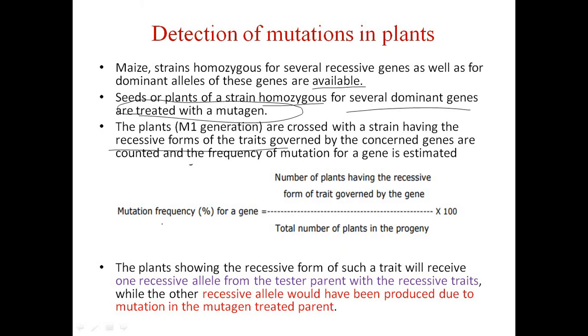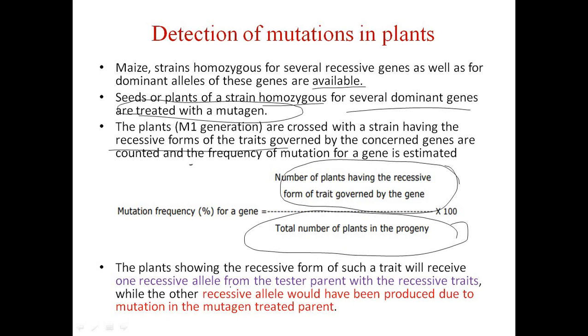By using a formula for frequency. The number of plants having the recessive form of a trait governed by the gene, divided by the total number of plants in the progeny and multiplied by 100, gives us the mutation frequency in that generation.